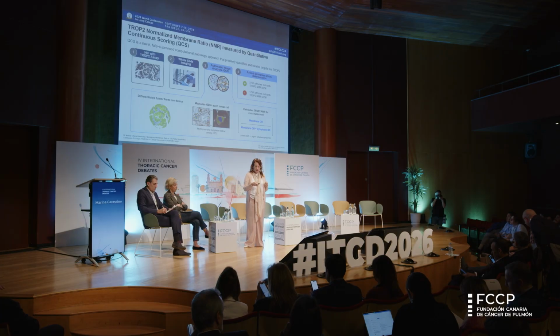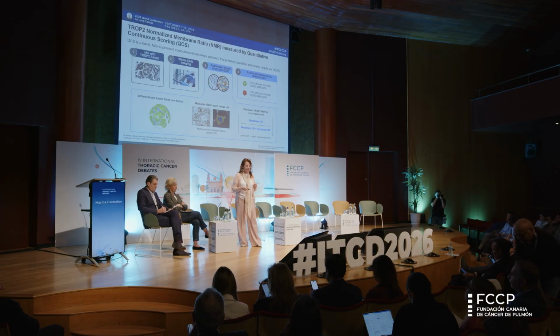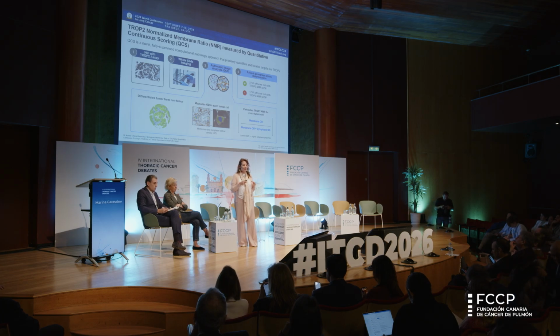We know, as I told you in the beginning, Dato-DXd to be active must be internalized in the cells. So can we measure the Trop2 also not just on the membrane, but also in the cytoplasm? So AstraZeneca developed, in collaboration also with Roche, this biomarker for which you have to stain Trop2 with immunohistochemistry.